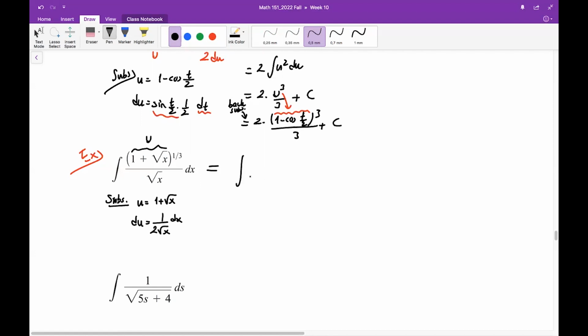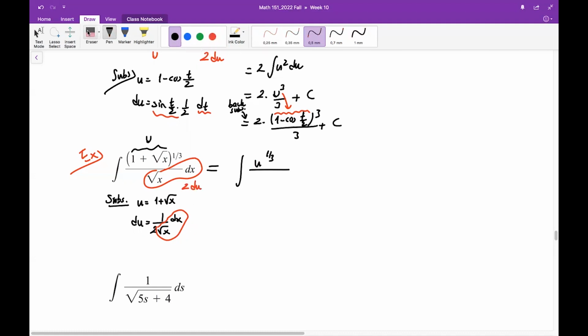So let's see if it is possible to write everything here in terms of u's and du's. What is square root of x? You see this part here, right? And it appeared here. So dx over square root of x is in fact 2 times du, as you can see from this line.